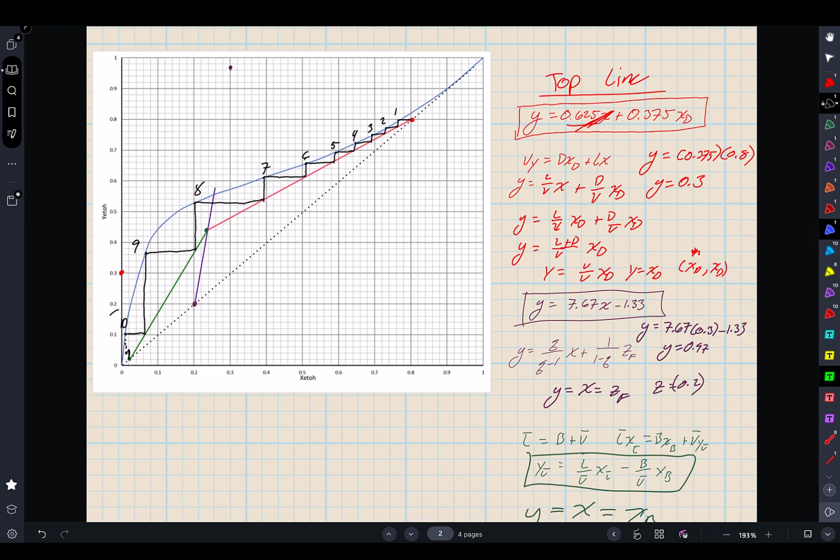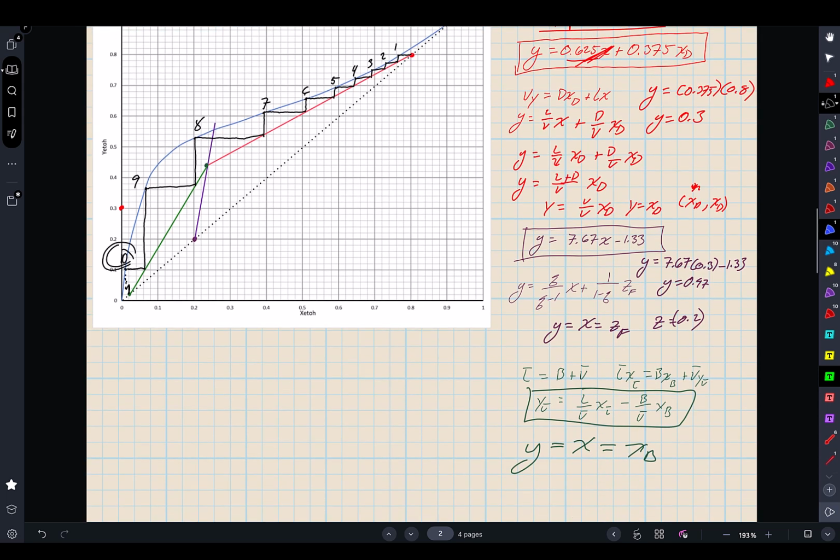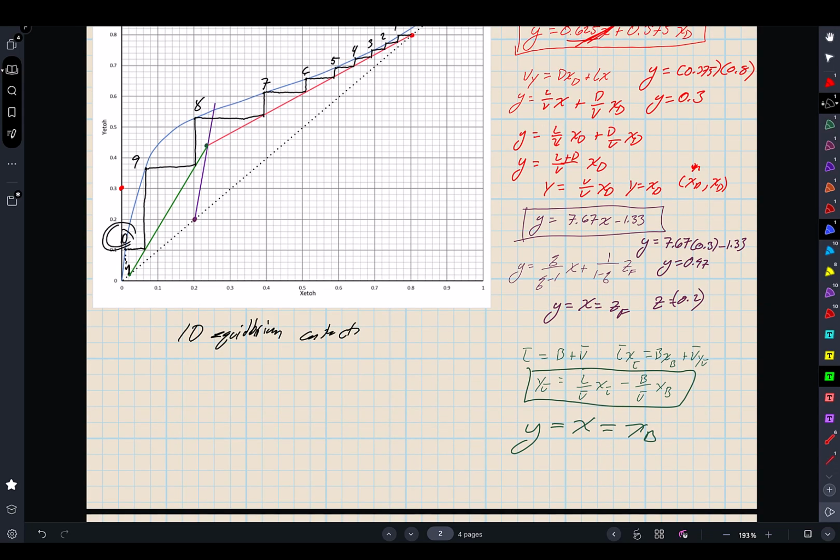However, this 10th equilibrium contact is your partial reboiler. So what you can say is the number of stages needed is 10 equilibrium contacts. What you can also say is that you need 9 trays plus 1 partial reboiler. So that would be your answer to how many trays are needed.